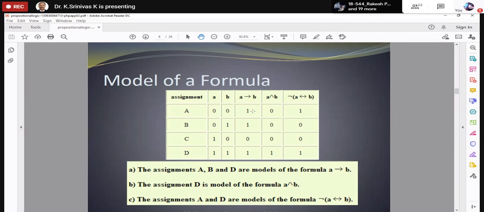X is equal to A and B is also an assignment, and negation of A bidirectional B is also an assignment.